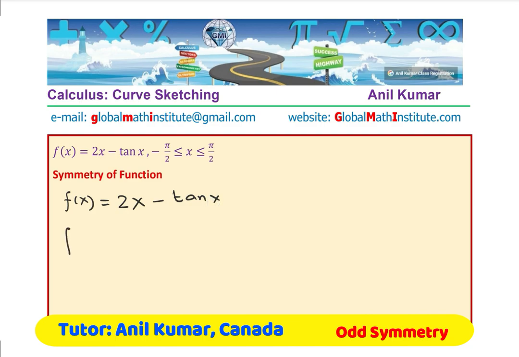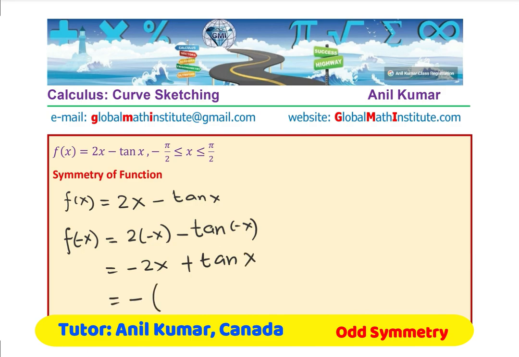Let's prove it. If I try to find f of minus x, I get 2 times minus x minus tan of minus x, correct? So that gives me minus 2x, and this is now becoming plus tan x, right? Minus of minus, and we can take minus outside, factor it out. So we get minus of 2x minus tan x in the bracket, which is equal to minus of f of x.